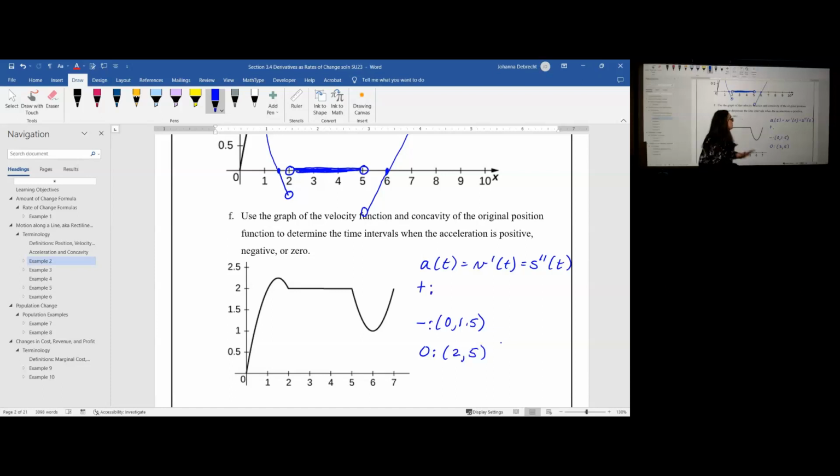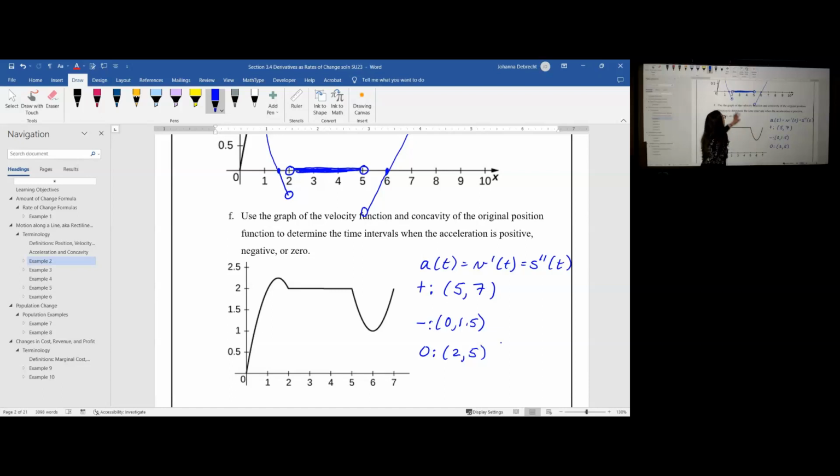Now I have a region where the graph is puffed up, which means that it is concave up and I have positive acceleration. I would call this between 5 and 7. Did I miss anything? Oh, I did miss one thing.